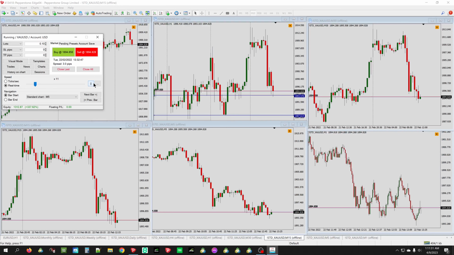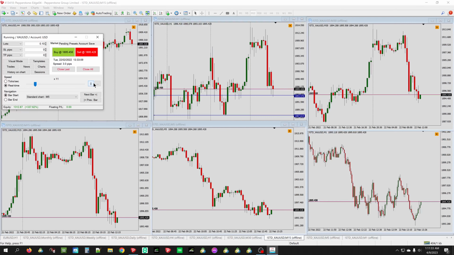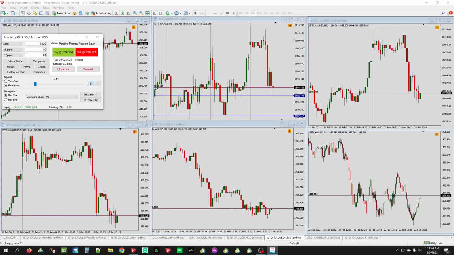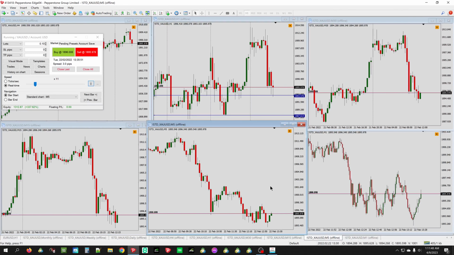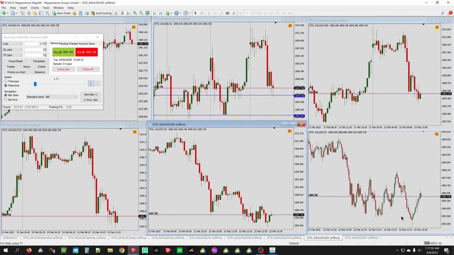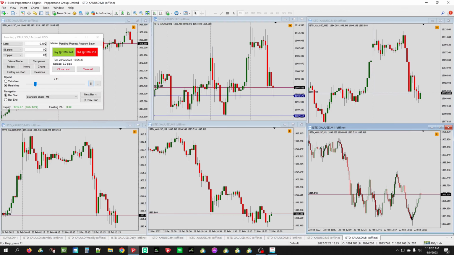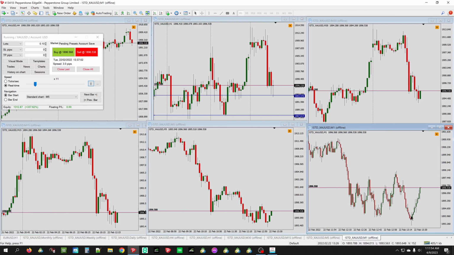Even though if we push up, that's okay, but for now I need to wait. Yeah, we are pushing up, but this trade was way too risky and way too early.